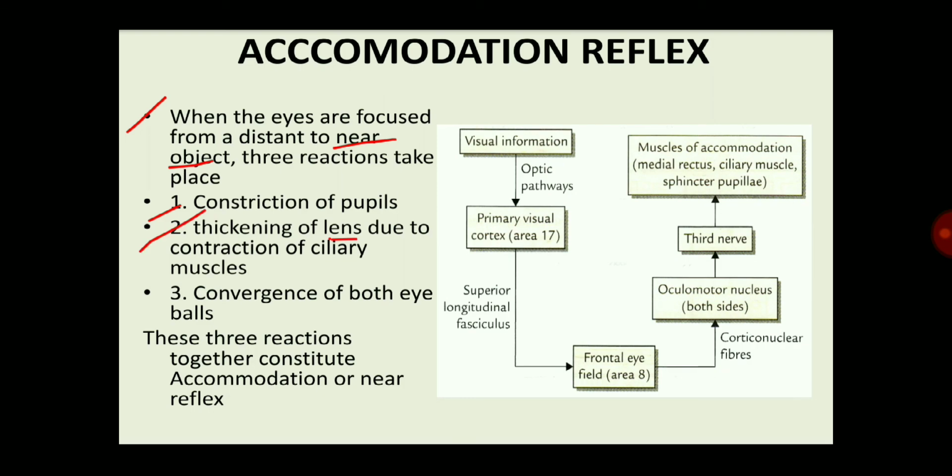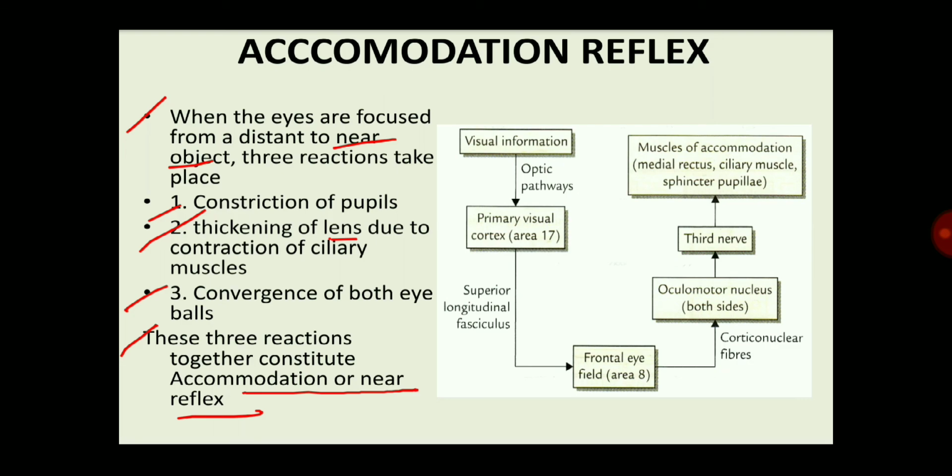Second is thickening of the lens due to contraction of the ciliary muscles. And third is convergence of both eyeballs, so there occurs a medial rotation of the eyeball. These three reactions together are known as the accommodation or near reflex.